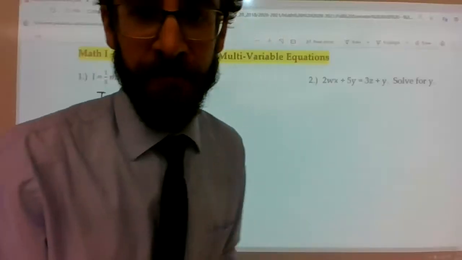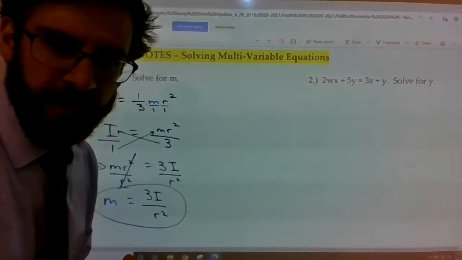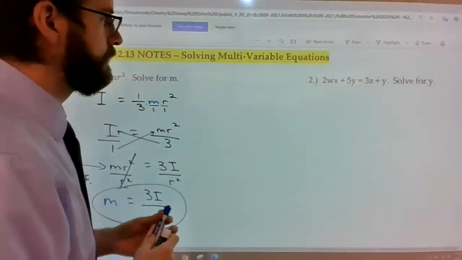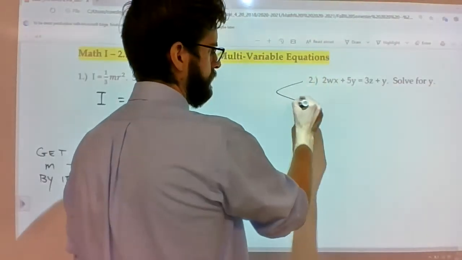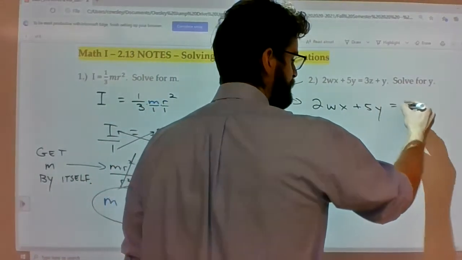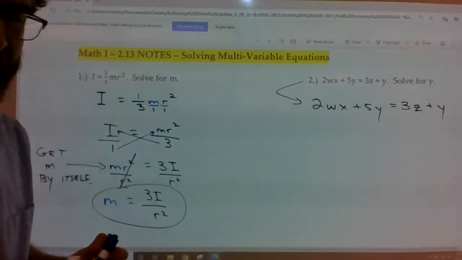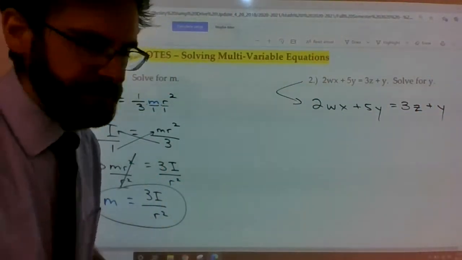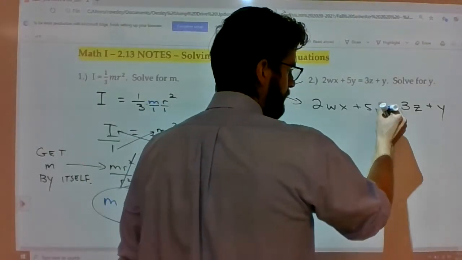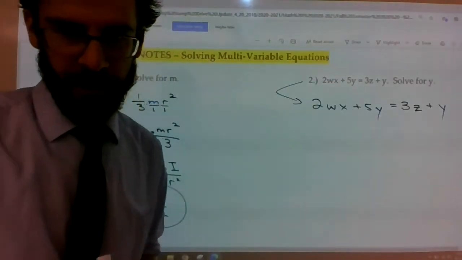I know. Very weird. That example might still be confusing, but hang with me. Let's work through the next example. So you got 2wx plus 5y equals 3z plus y. We're solving for y. So again, I'm going to highlight the y in blue just to remind myself that we're trying to get this alone on one side of the equation.